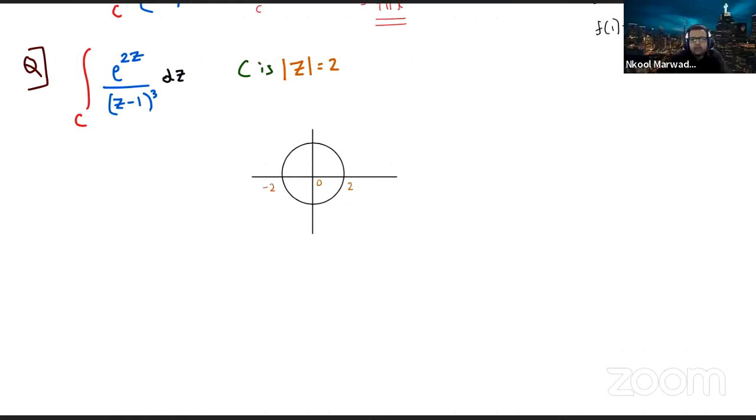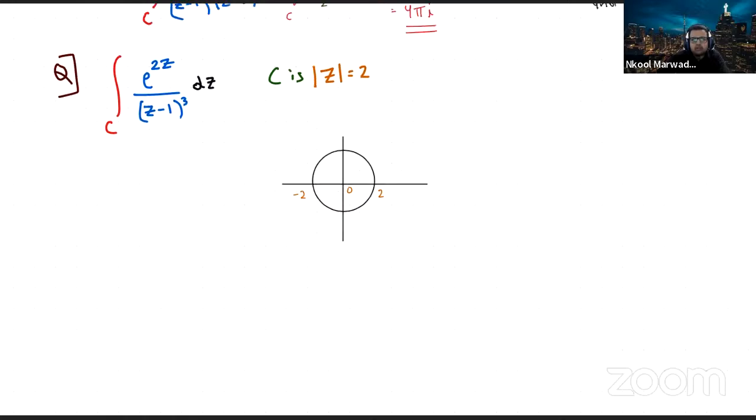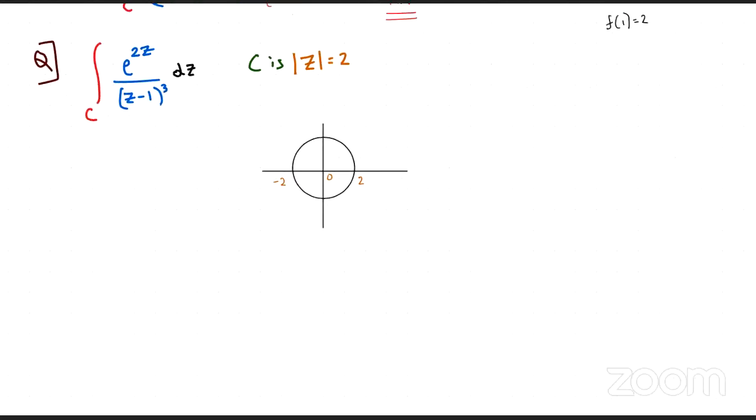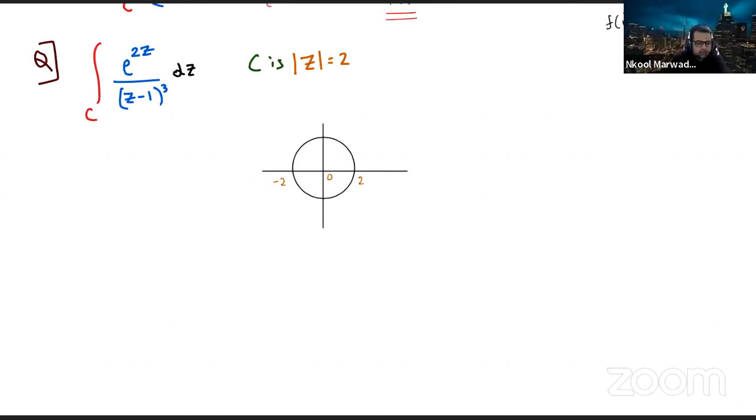Here we are interested only in the point z is equal to 1. And since that point is inside this circle, the integral is defined.